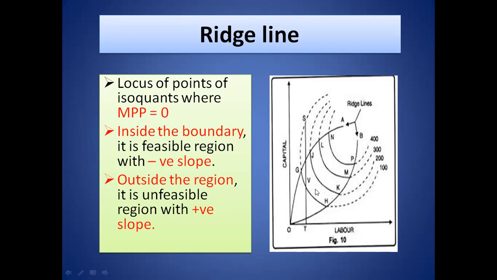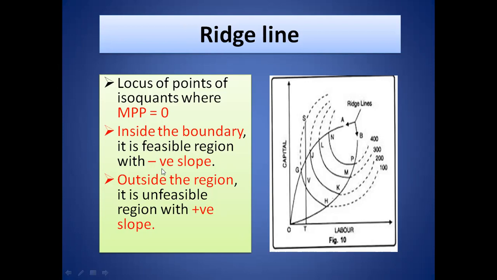That's why we call isoquants convex in nature, because we are not concerned with the other area, since in it we are not getting any profit. That's why this border line is used. The points where MPP will be 0 form this border line. Inside the boundary, it is a feasible region.